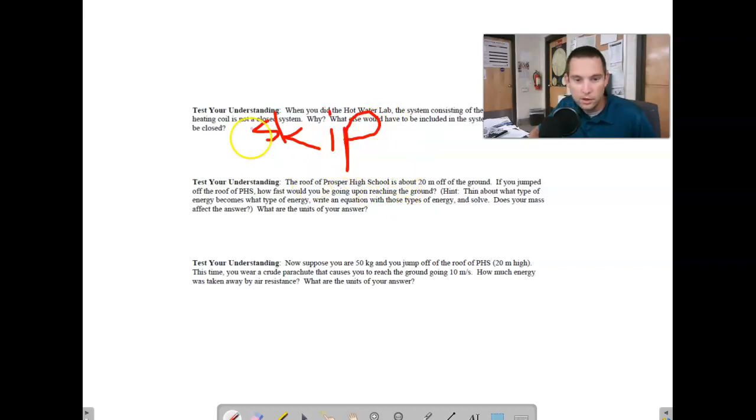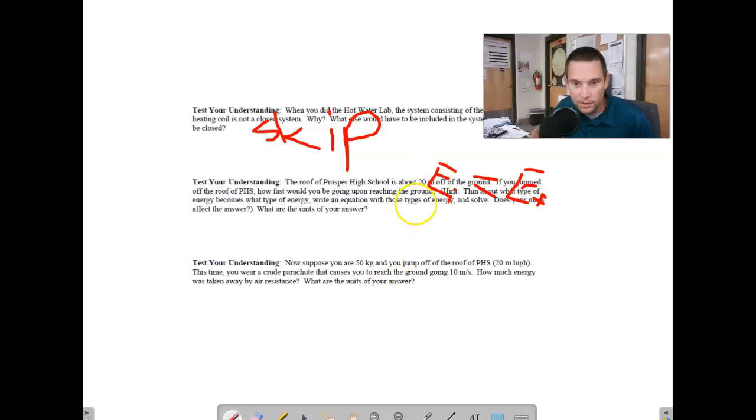Alright, so we know that whatever energy we have in the beginning, the initial energy, will become whatever energy we have in the end. And if we're introducing thermal energy into this situation, then we would account for that. However, this does not seem to be the case. It just looks like we're jumping through the air.